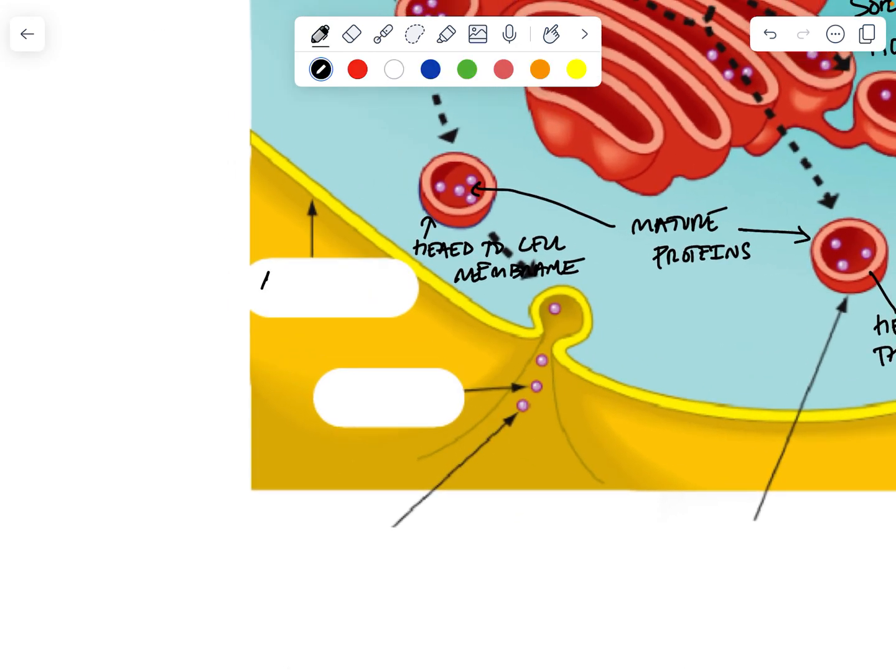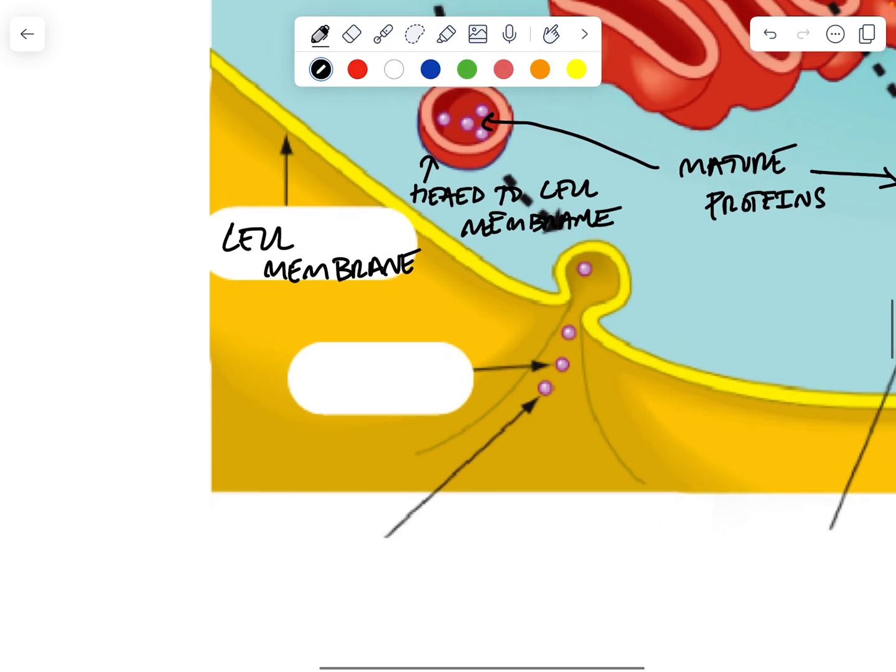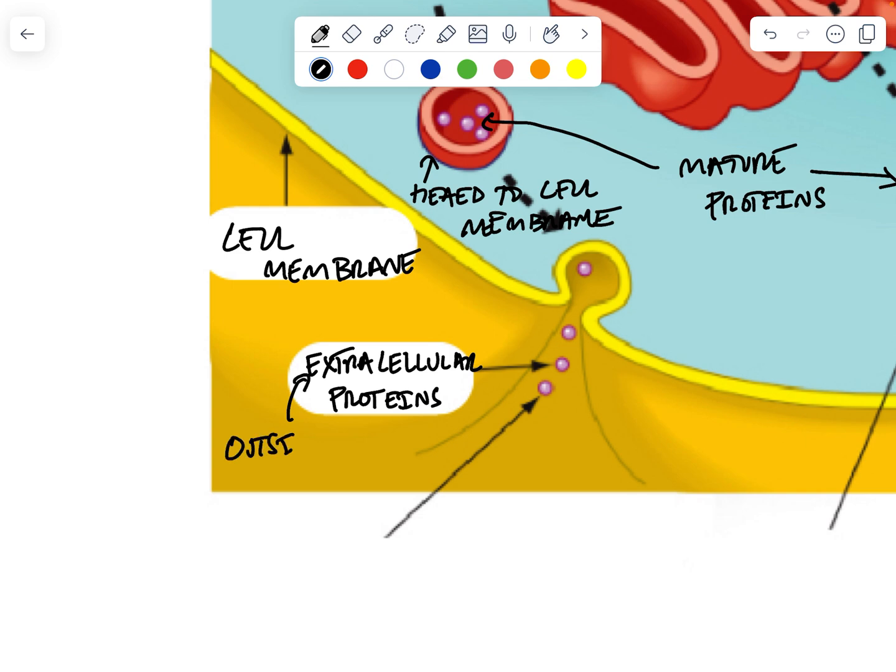So this is the cell membrane. And as soon as this vesicle fuses with the cell membrane, these are now extracellular proteins. This is just a fancy way of saying outside the cell.